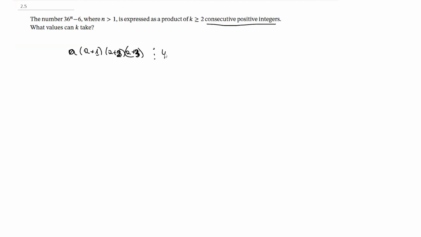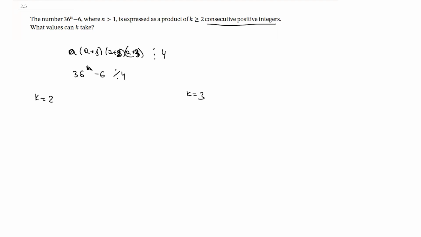So if you compute the product of consecutive numbers, it will have this divisor, but this number is not divisible by 4. This means that k cannot be greater than 3, and thus we have only 2 possibilities, k equal 2 and k equal 3.